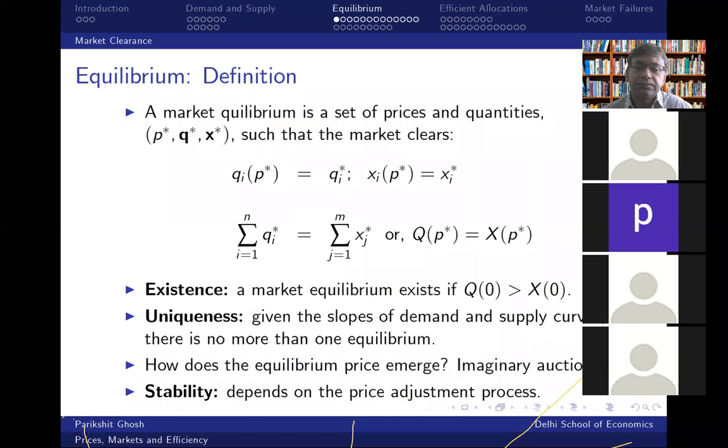Sir, can you once again explain how producer surplus and profits are equal? They're equal by definition. Producer surplus is defined as revenue minus cost, and that is exactly profit. They're just two different terms. The term producer surplus we are creating because for consumers we coined the term consumer surplus.